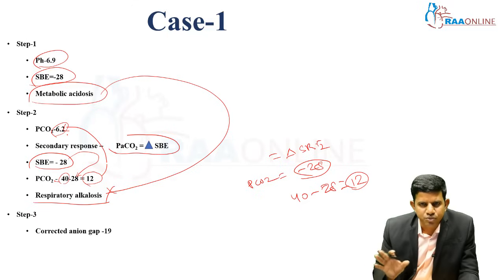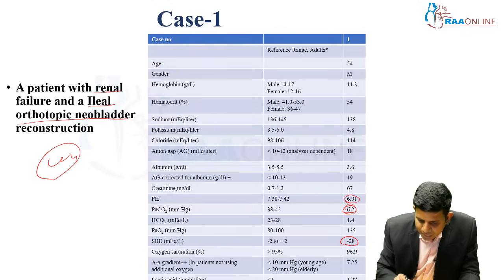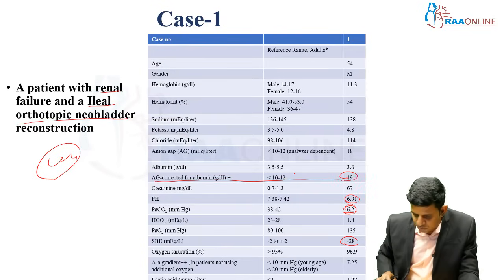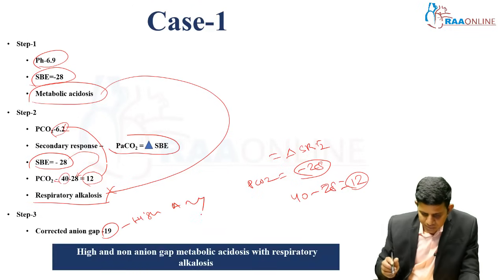The easiest way is to go for the anion gap, so we use the anion gap method in this case. In this formula, the corrected anion gap is around 90, whereas normally it should be 10 to 12. So, it is more than that, and there is a high anion gap metabolic acidosis also. So, there is a high anion gap metabolic acidosis and respiratory alkalosis.